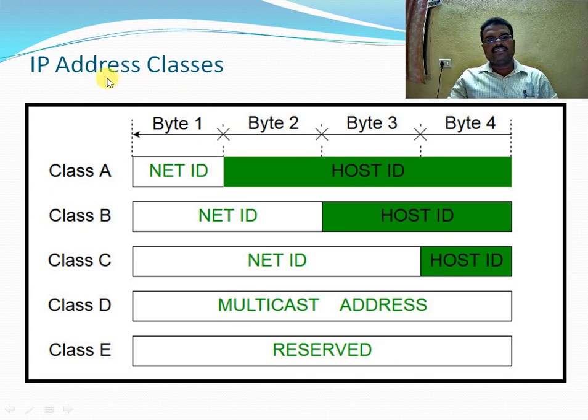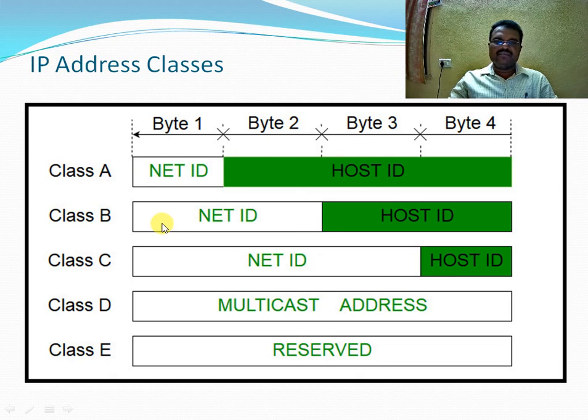Here we can see the different IP address classes: A, B, C, D and E. There are 4 bytes, which is 32-bit addressing. In Class A, the first byte is used for the network ID and the remaining 3 bytes are used for identifying the host.